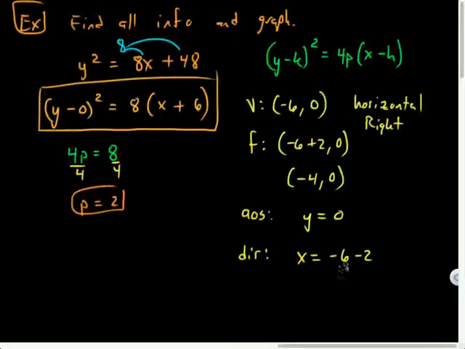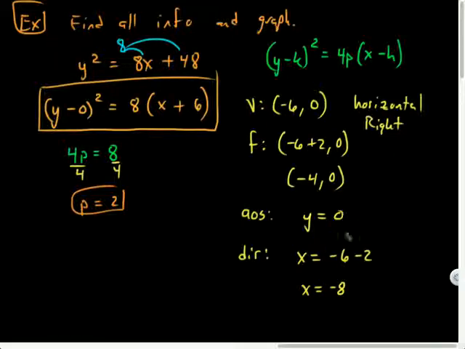Yep, right. In this case, it's the x coordinate of the vertex subtracting p. So that's x equals -8. And just for the axis of symmetry and the directrix, some people want to just say, oh, 0 and -8. But they're not numbers, they're equations, all right? So y equals 0 is the equation of a line. All right, x equals -8 is the equation of a line. So I just want to make sure you don't just say, oh, it's -8. That's not what it's actually saying.